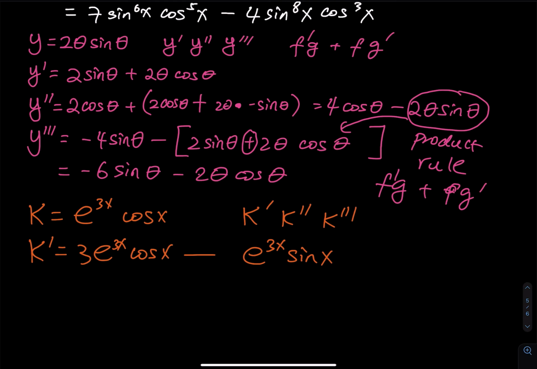All right, moving on to the next one. Wait, hold on. I must have made a mistake on my notes, not right here. So e to the 3x cosine x and then minus, yep, derivative of sine is cosine, nothing is wrong with that. Second derivative, so that gives me a product. So this one, I will do e to the 3x, and then 3 times 3 is 9 cosine x, and then plus 3e to the 3x.